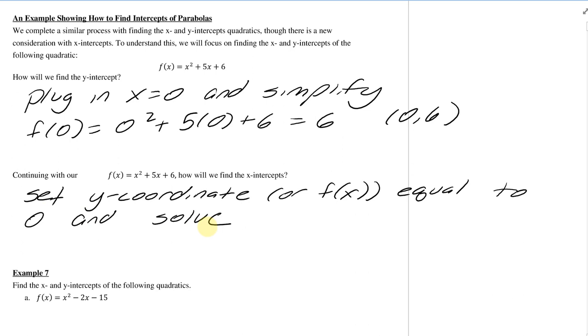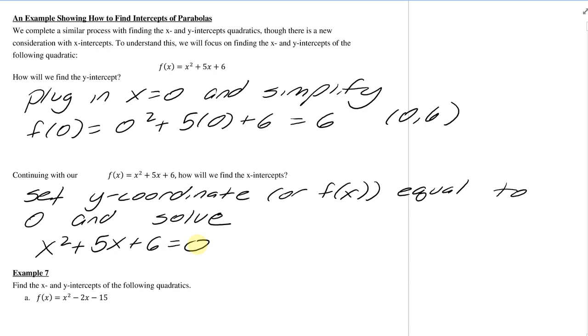So let's take a look at what that actually looks like. Okay, so I'm going to basically take this quadratic here, and set it equal to 0. So I get x squared plus 5x plus 6 equals 0.